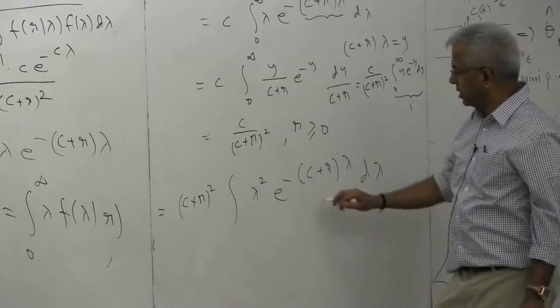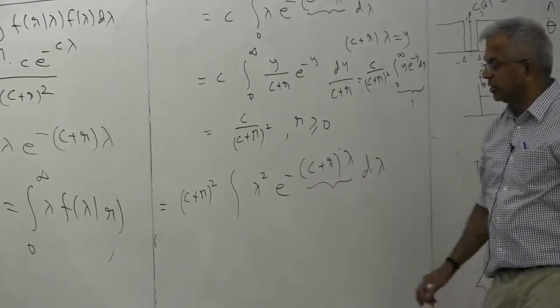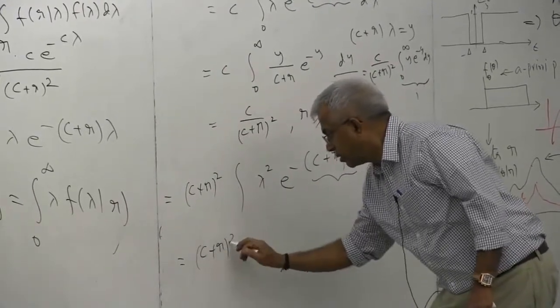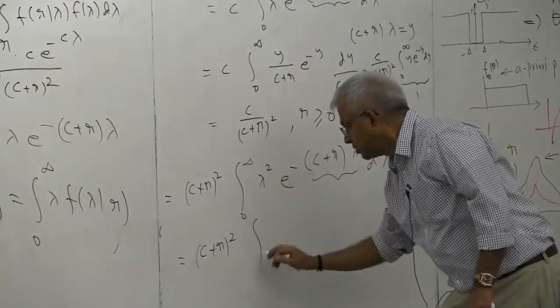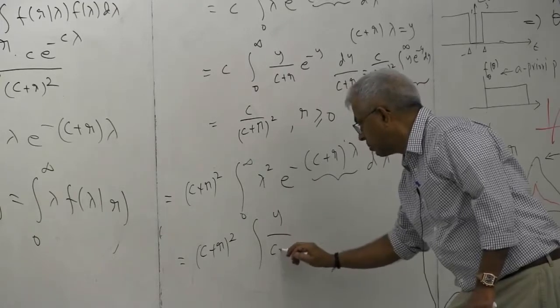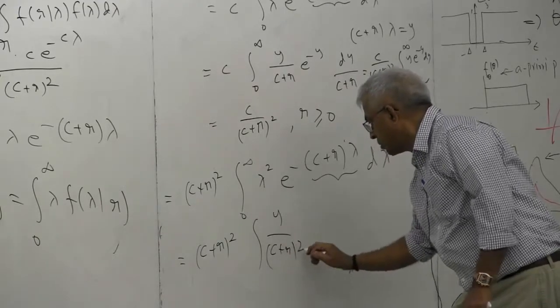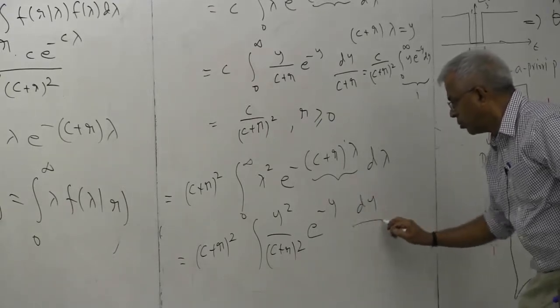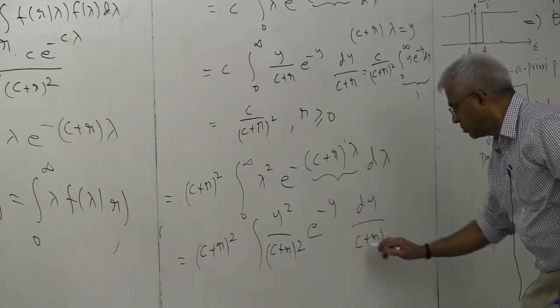So again the same thing, let me substitute this to be y, so I get c plus r the whole squared. This is y over c plus r the whole squared, e raised to minus y dy over c plus r the whole squared.